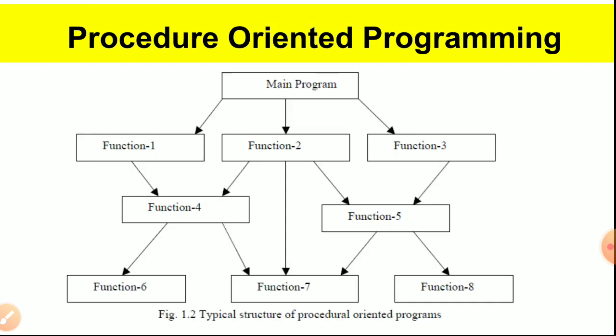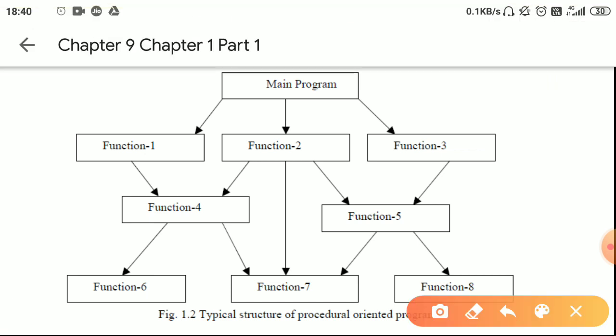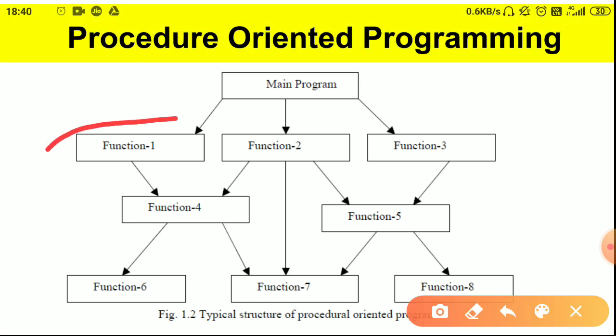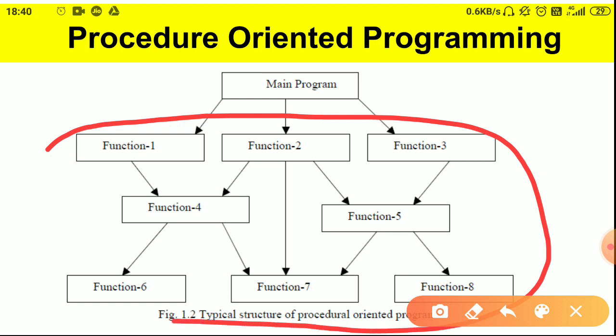So here in this diagram you can see that the program has been divided into many functions, by the name of function 1, function 2, up till function 8. So these functions represent a single program, a single solution for a big problem.